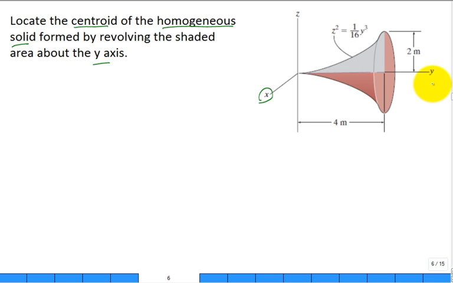Here's the x-axis, the y-axis, and the z-axis. It takes us a while to figure out what you get, but can you see when you revolve it, it's like a cone? But it's really not a perfect cone because of this profile. So in x equal to 0, in the y-z plane, this curve has an equation of z squared equal to 1/16 y cubed.